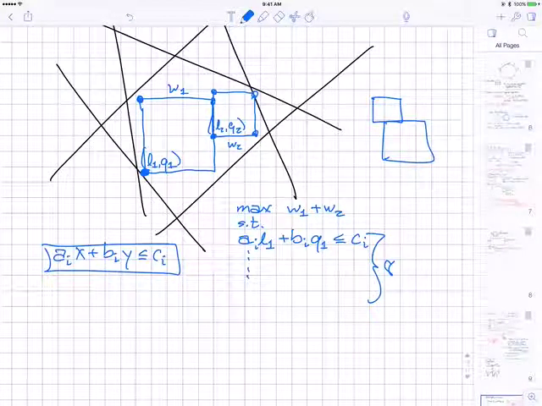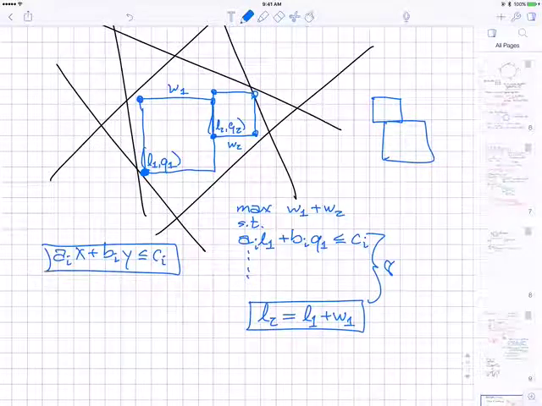And then I'm going to have one more constraint, which is L2 is equal to L1 plus W1. And in fact I could probably even say greater than or equal to here if I wanted to be generous. This just says that the second box is completely to the right of the first one.